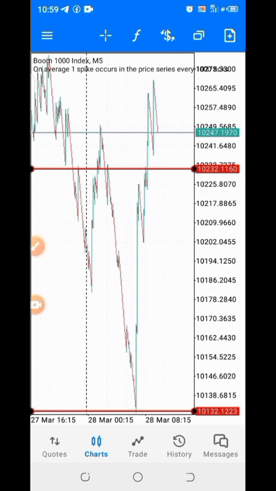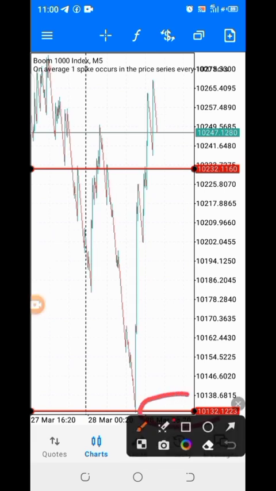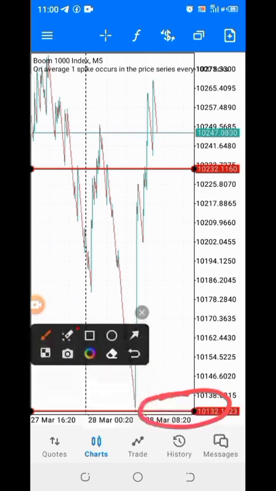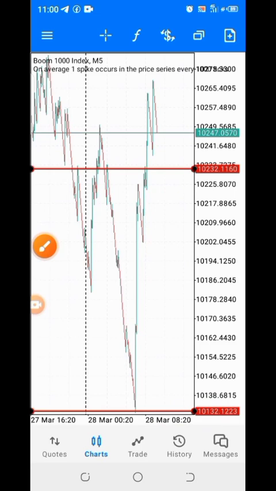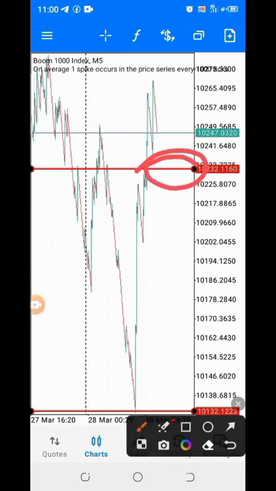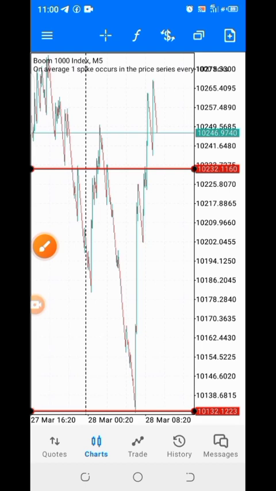You can use your calculator to do that. 10232 plus 50. Remember, you added 100 to the lowest to get this particular high here. Now you are adding 50 to this.